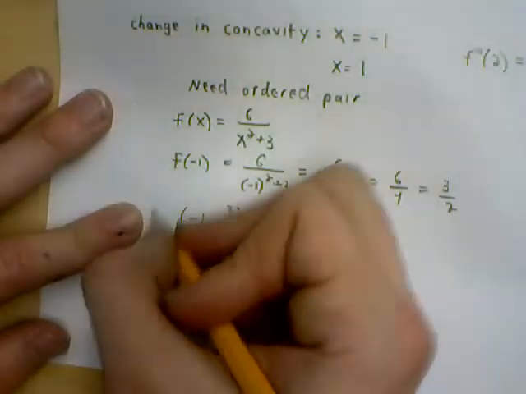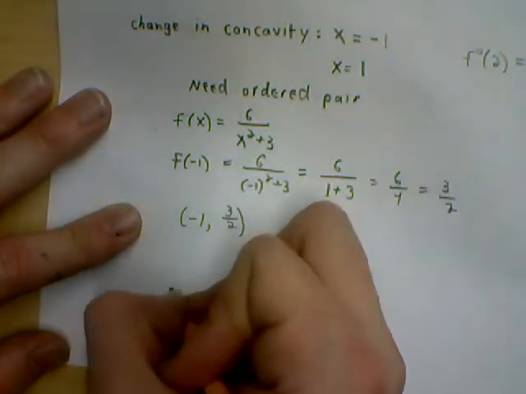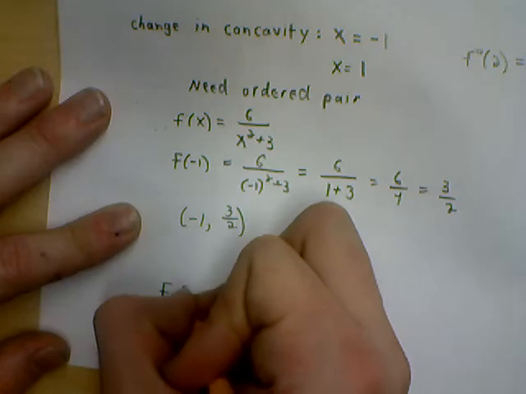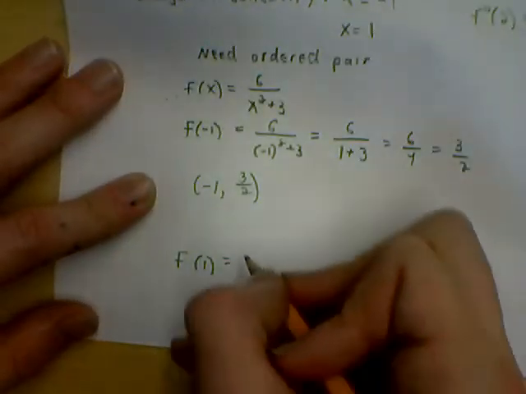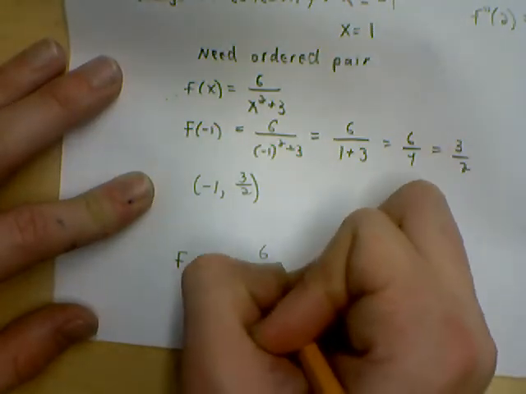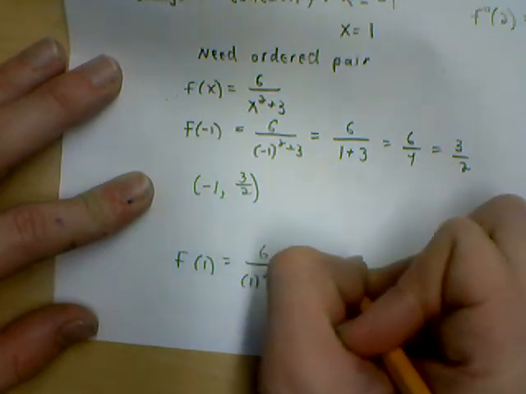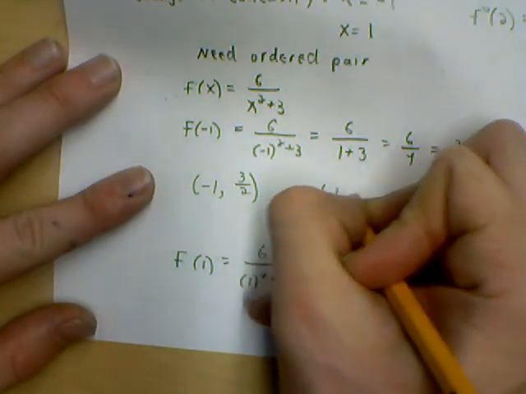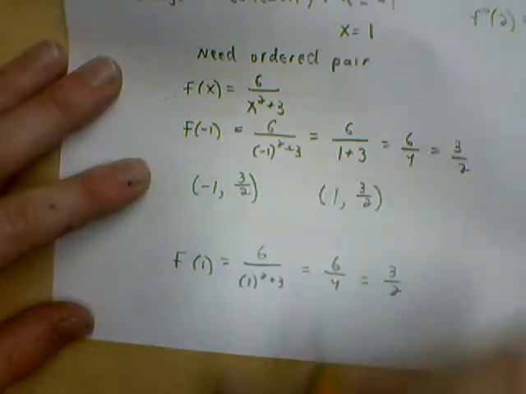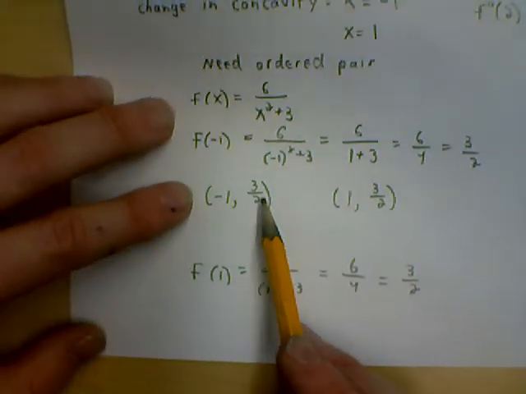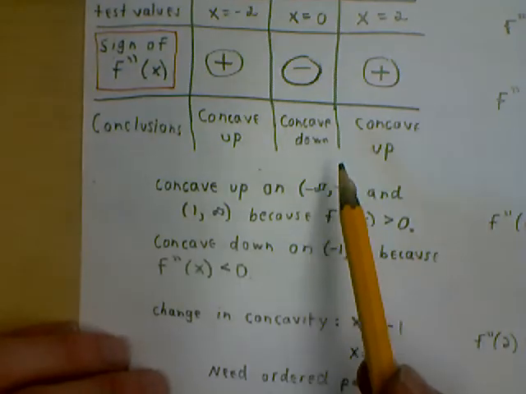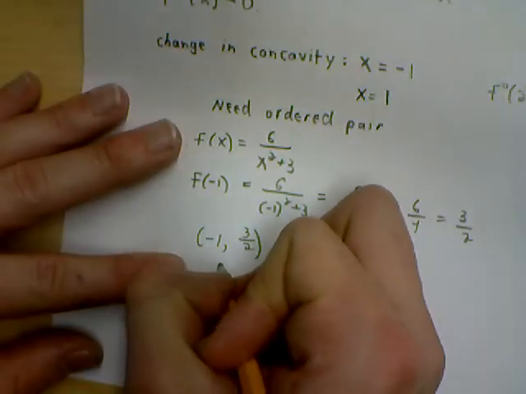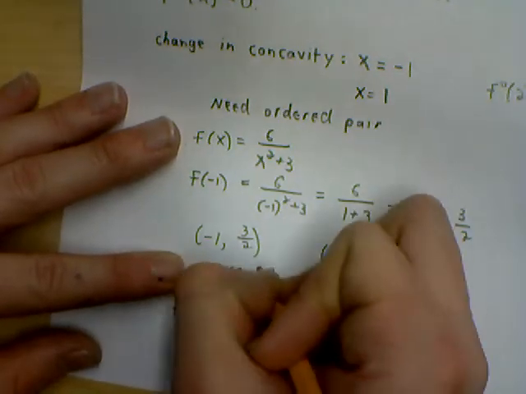Let's find the other one. F of 1, we'll have 6 over 1 squared plus 3. That's 6 over 4, which is 3/2. So I also have 1, 3/2. So these are our points where our graph changes from being concave up to concave down. So these are the points of inflection.